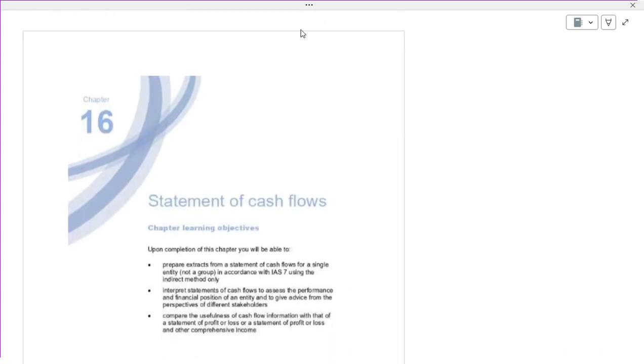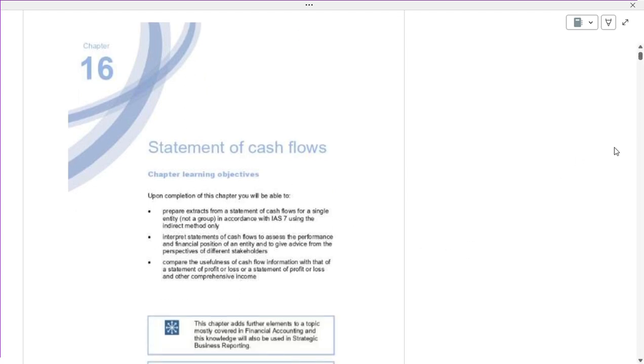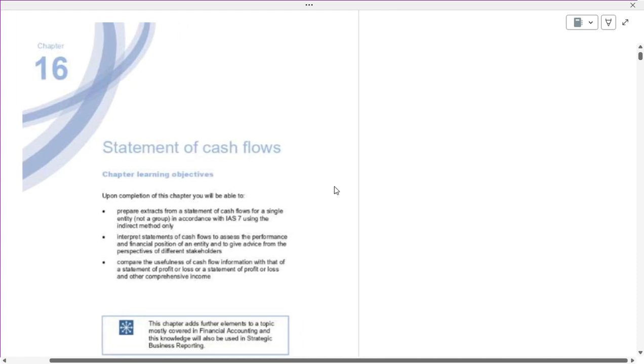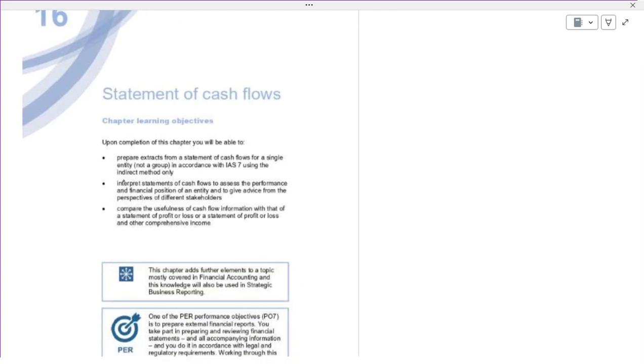Have you done cash flow before? No. Doctor, is it chapter 15 or 16? 16.